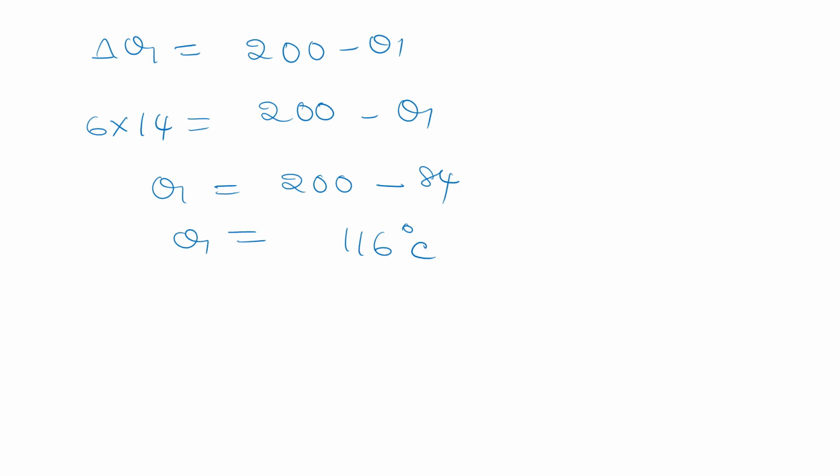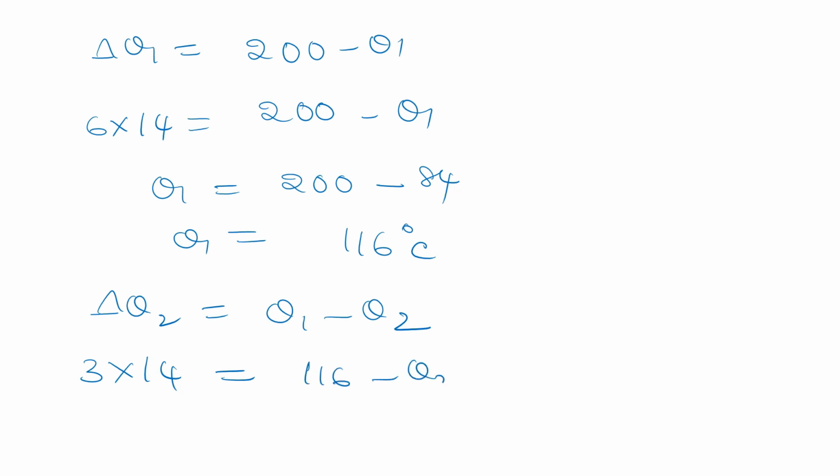So next delta theta 2 is equals to theta 1 minus theta 2. Delta theta 2 is 3 into 14, that is equals to theta 1 116, theta 2 we are calculating. So theta 2 is equals to 116 minus, 3 14s are 42, so that is equals to 74 degree centigrade.